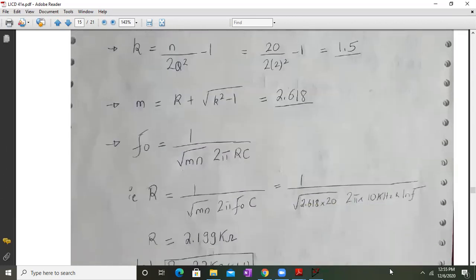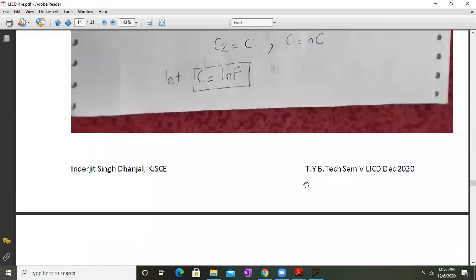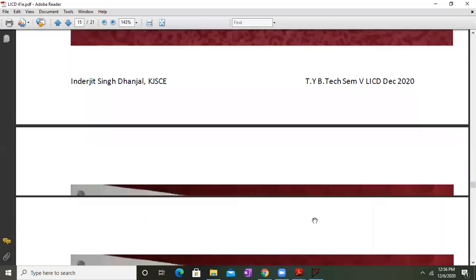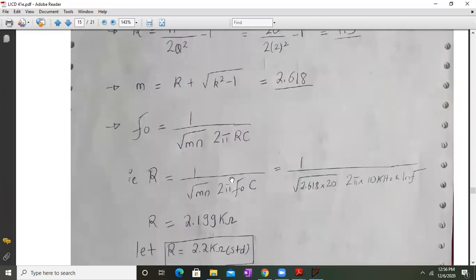So everything we have. So here F naught is equal to 1 upon square root of MN into 2 pi RC. So C we already calculated. The C value is 1 nanofarad. So we substitute over here 1 nanofarad.